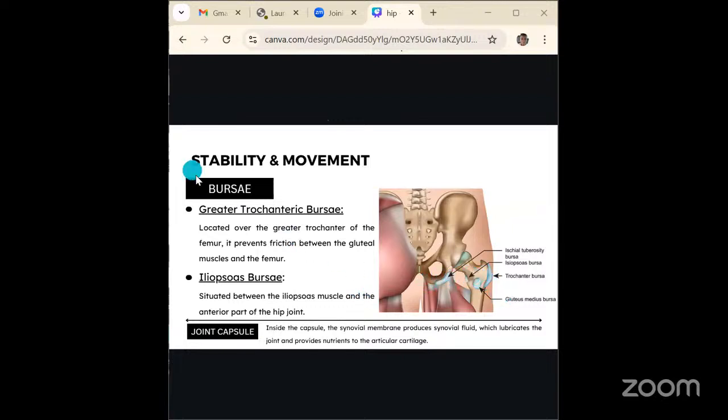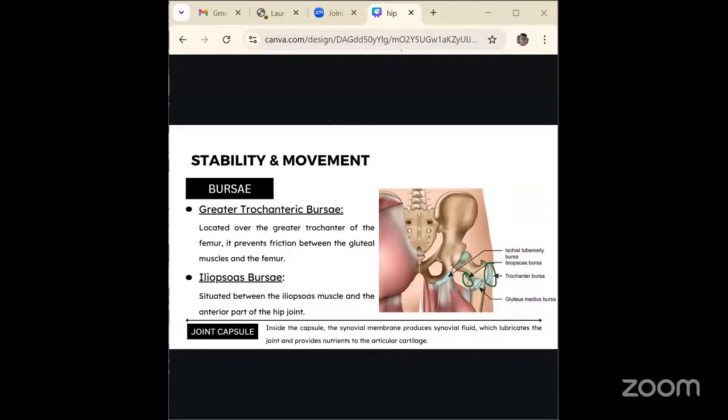I don't know if I should mark it or are we seeing it? So look at the one I'm talking about. This one here, and also this one here. So these are the two bursas that are very much relative to the joint. While the ischial tuberosity bursa, you might include it as part of the bursas relative to the hip joint, but I do not usually include that.